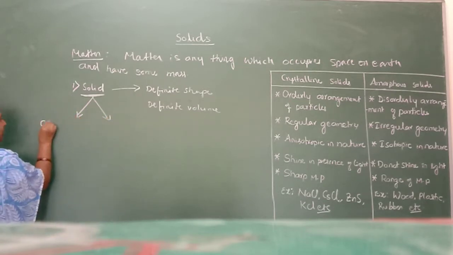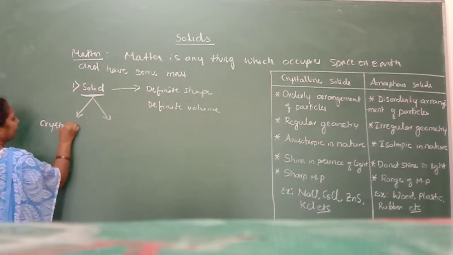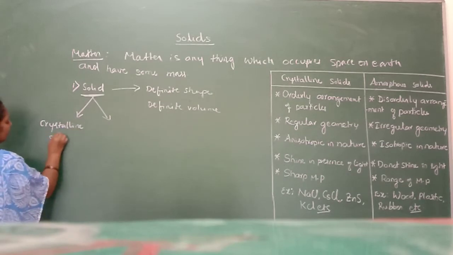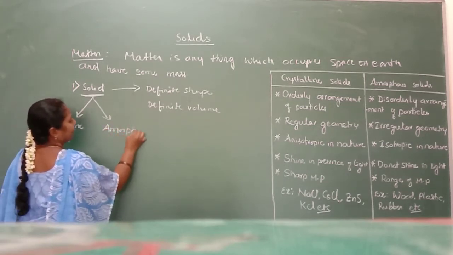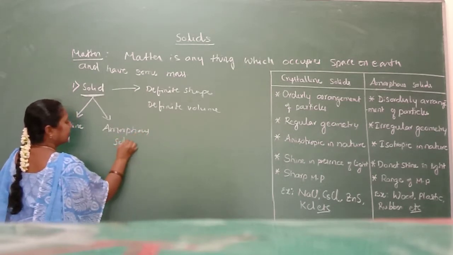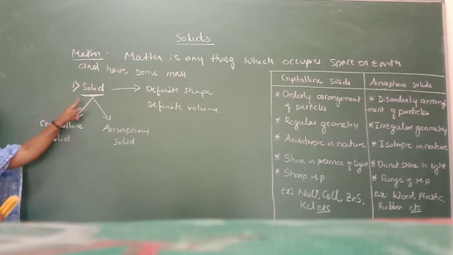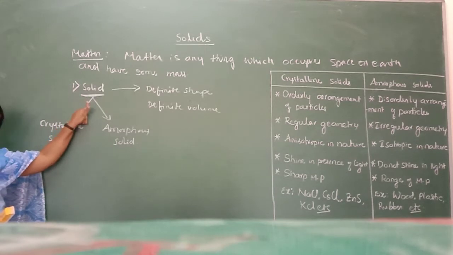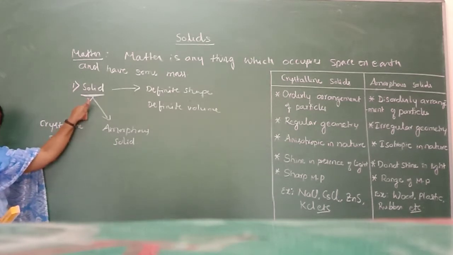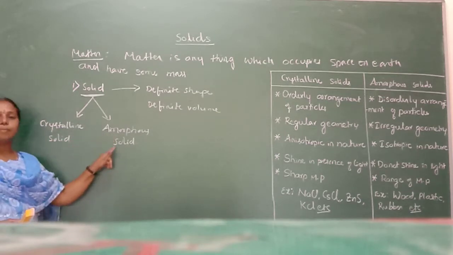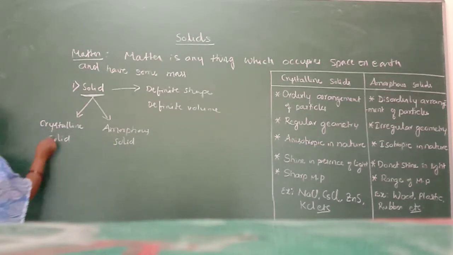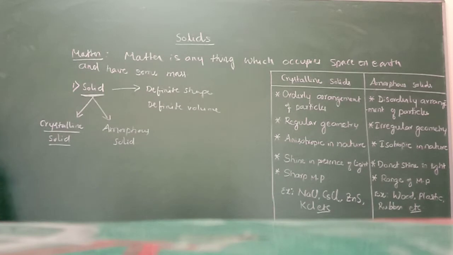That is, crystalline solid and amorphous solid. Then what is a crystalline solid?